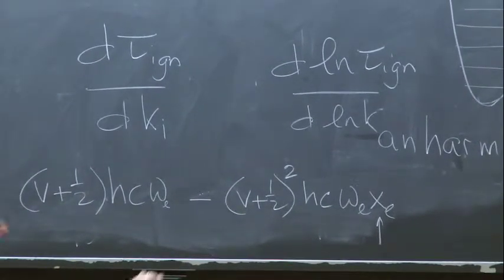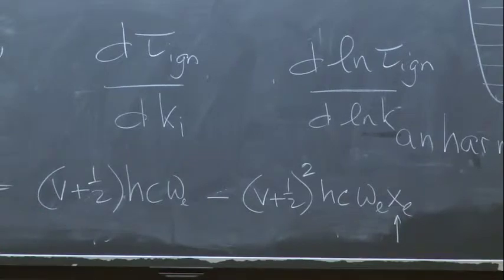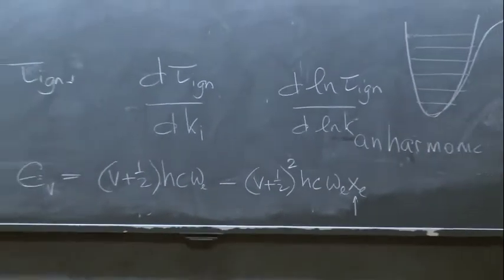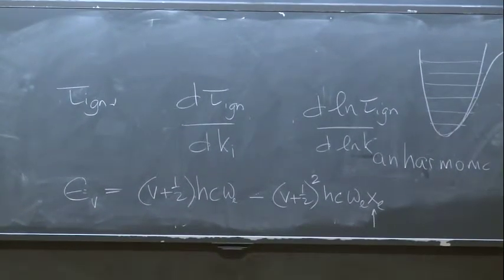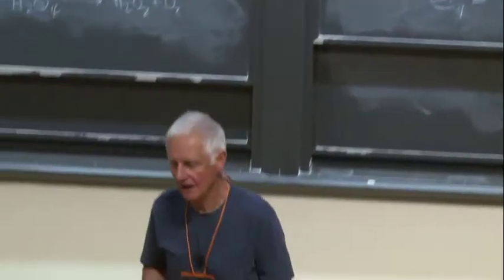And these are going to become more and more important as V increases because it's a squared term that's there. And this is an important consideration in terms of the calculations of rate constants.